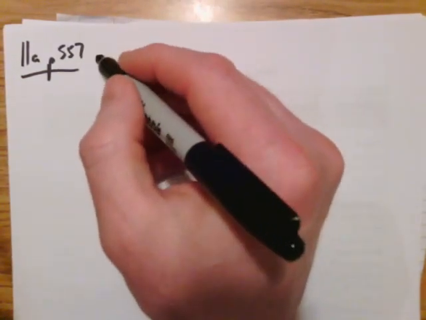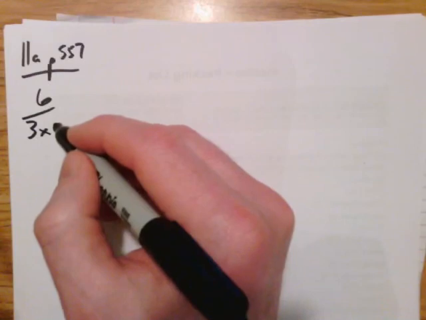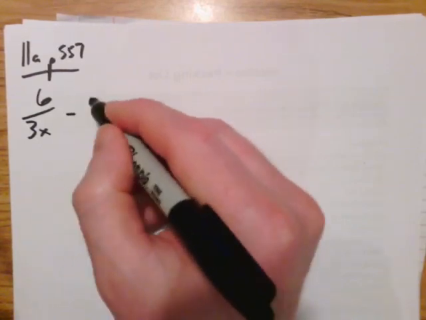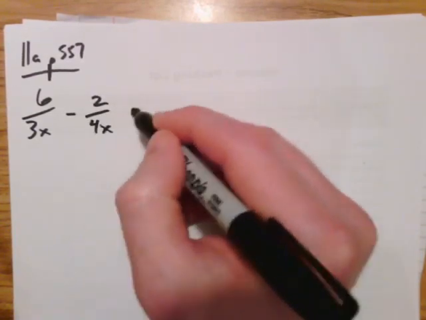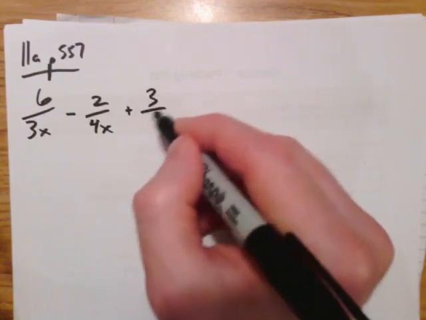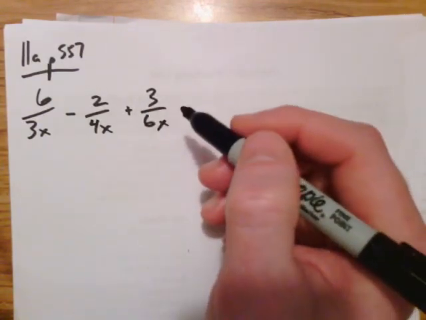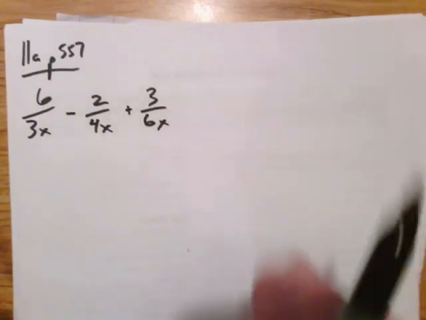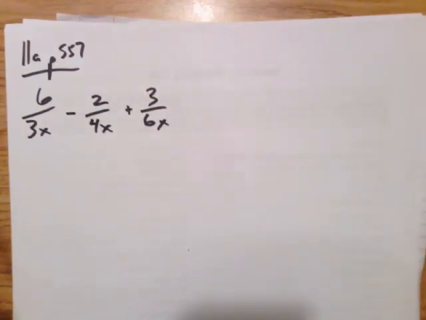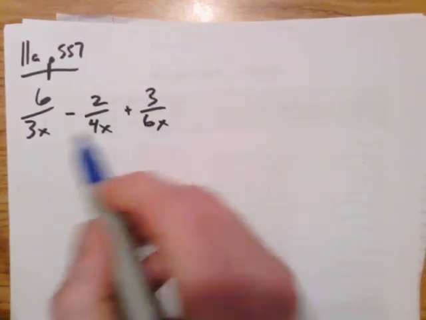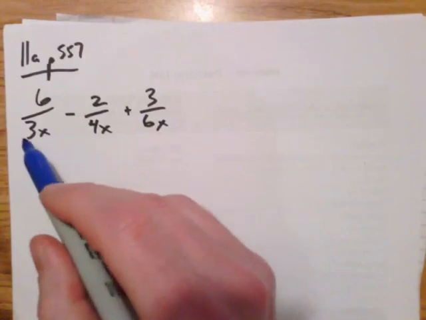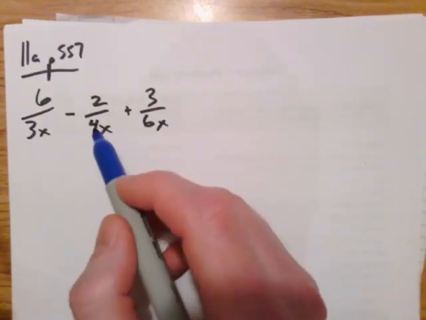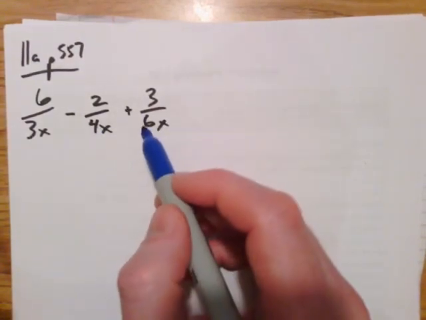Okay, so 11A says, I'm going to start over here, 6 over 3x minus 2 over 4x plus 3 over 6x. All right, lowest common denominators. 3, 4, and 6, those all go into 12. Remember before I said you can multiply them all, so 3 times 4 is 12, 12 times 6, 72.